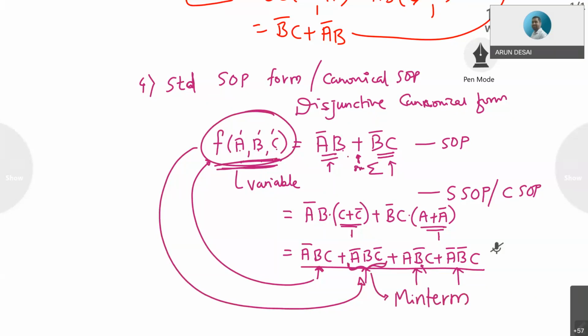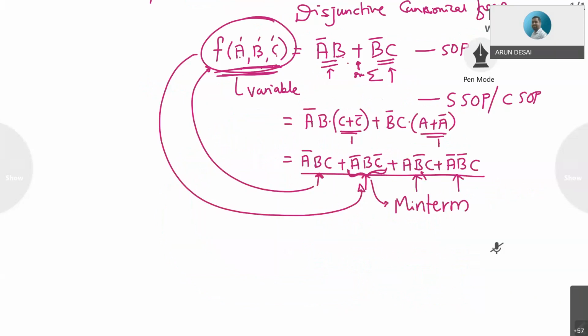Then that term is called min term. Right? म्हणजे काय, तर ते एक्सप्रेशन आहे, त्या एक्सप्रेशन मध्ये सगळ्या टर्म मध्ये ते व्हेरिएबल पाहिजे. कुठलं पाहिजे, तर जे कुठले फंक्शन मध्ये मेन्शन केले ते व्हेरिएबल पाहिजे. ते एक तर कॉम्प्लिमेंट फॉर्म मध्ये असतील किंवा अनकॉम्प्लिमेंट फॉर्म मध्ये असतील. दोज ऑल व्हेरिएबल शुड बी प्रेझेंट इन ईच अँड एव्हरी टर्म. If this is the case, then that expression is called standard SOP or canonical SOP.